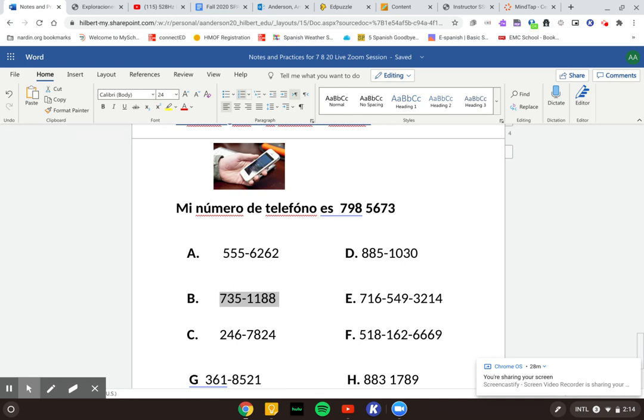So for this one, you could do 735-1188. If you did know how to say 88, you could say 1188. Say, ¿cuál es tu número de teléfono? Please say it out loud.